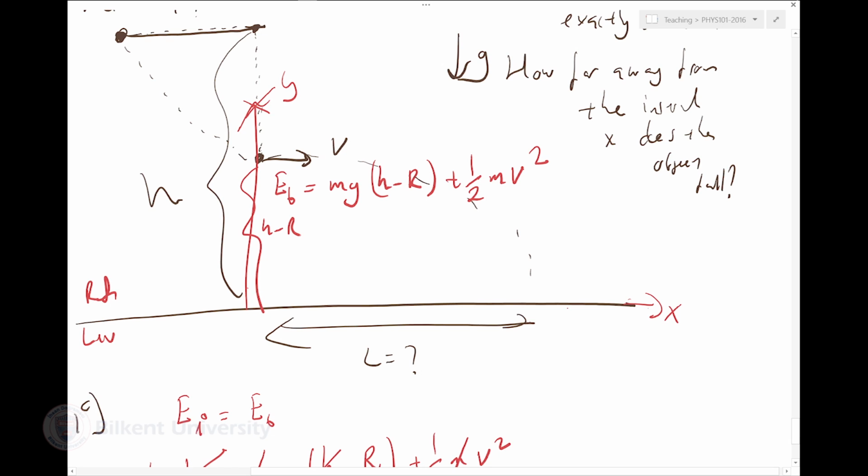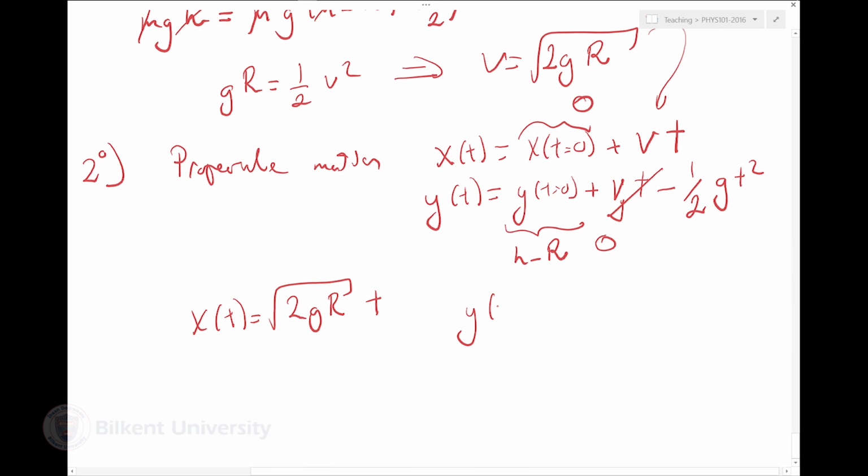My x position will be 0. V I already know. So x of t is apparently just square root of 2gr times t. Y of t is h minus r minus 1/2 g t square.